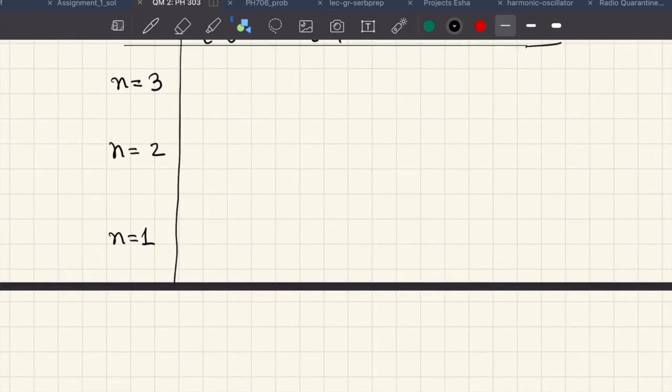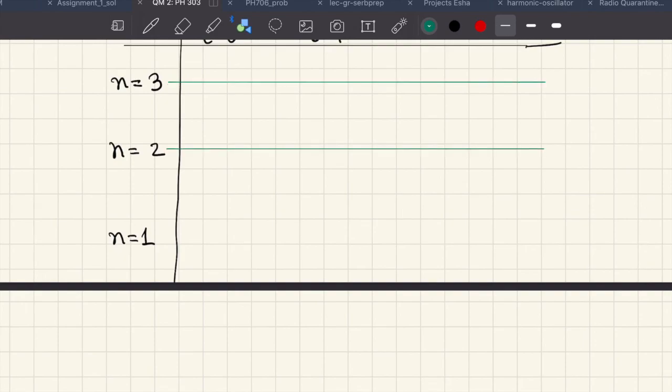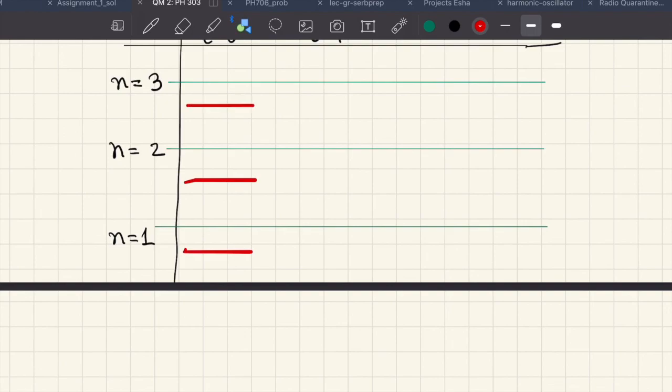And let me draw the unperturbed levels. Suppose this is this, this is this, and this is this: N equal to 1, N equal to 2, N equal to 3. Now I have seen that the energy levels are going down. Here it has gone down, here it has gone down.